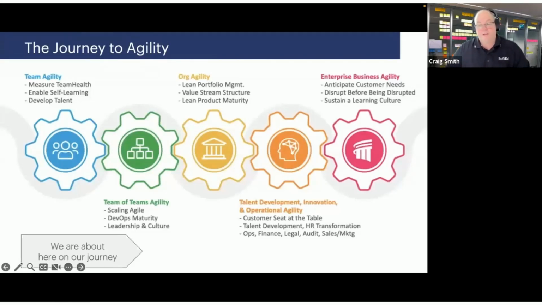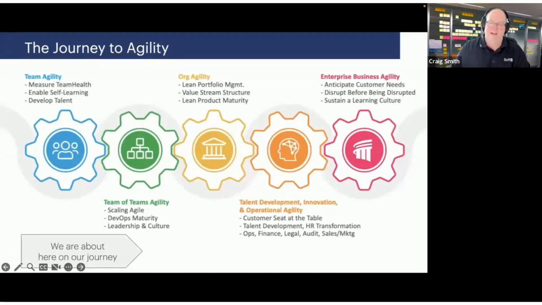And over the last easily 5+ years, we have really started to push into scaling. So how we then take that and learn it at a teams of teams side, how we scale across teams, how we bring it across divisions or organizations. It's starting to think about things like DevOps that bring those two sides together, the whole leadership and culture part. This is where most organizations are playing quite successfully now and starting to roll that through.